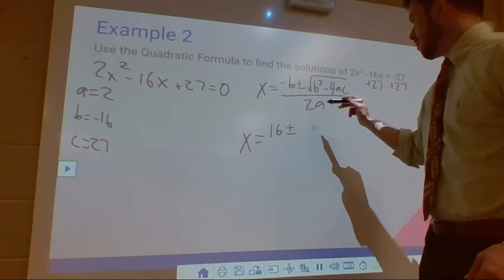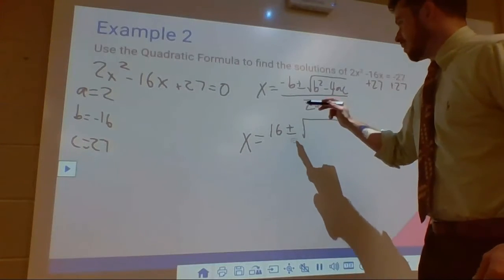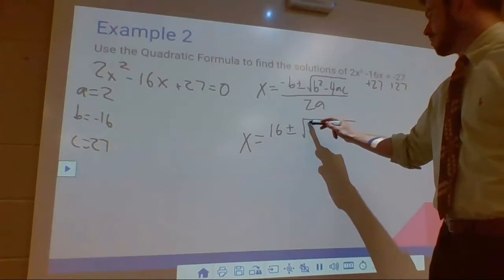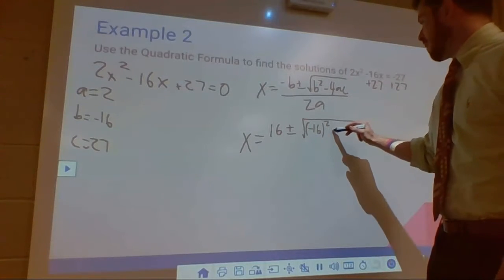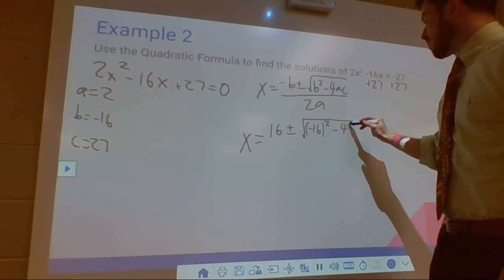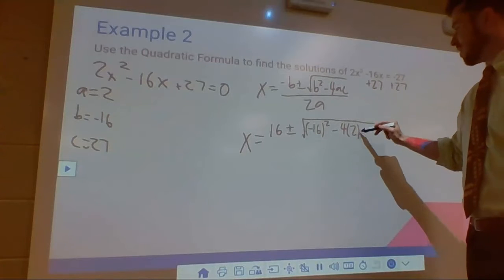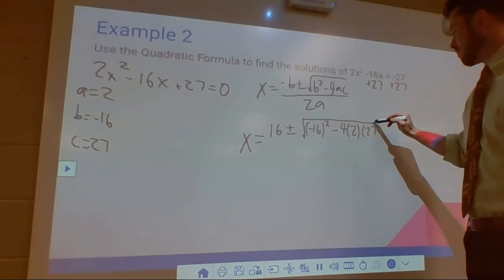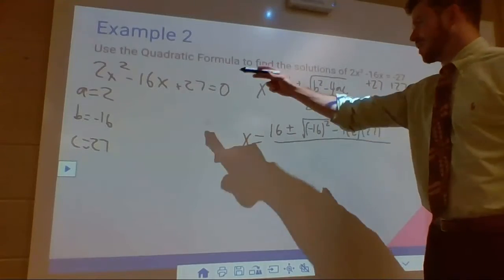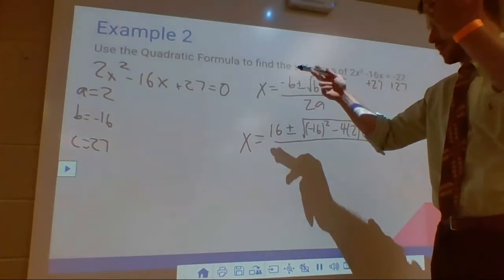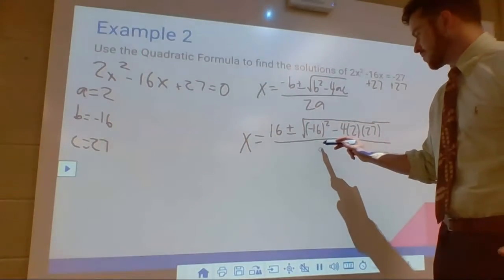Positive 16 plus or minus the square root of negative 16 squared minus 4 times 2 times 27, all over 2a. Well, 2 times a, I can do this quickly, is 2 times 2, which is 4.